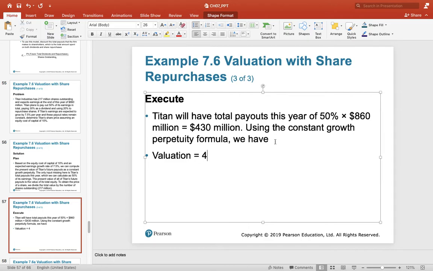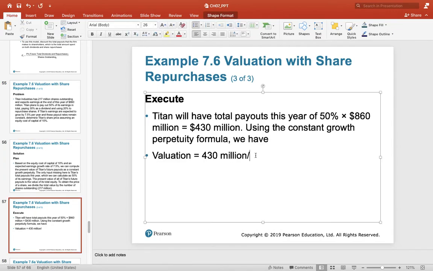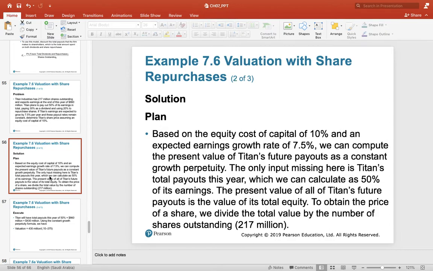$430 million divided by R minus growth. R is taken as 10%, growth is taken as 7.5%. So R minus growth is equal to 0.10 minus 0.075, 7.5%, right? Am I right?